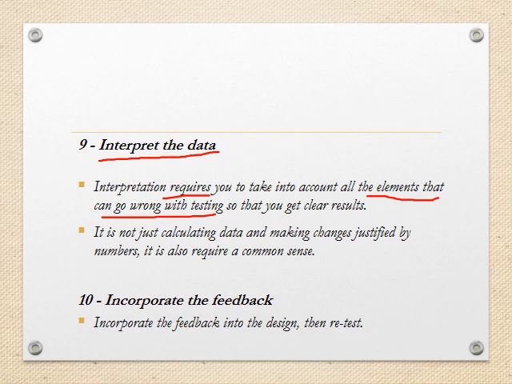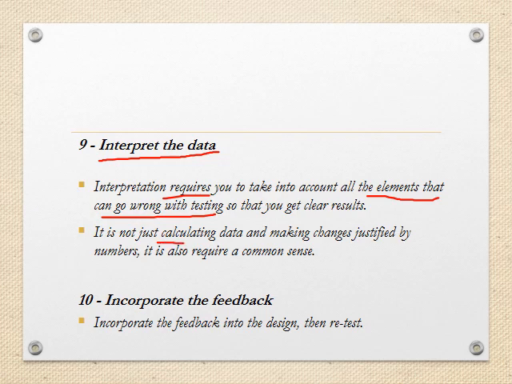Sometimes we have an unsuitable environment that could affect the test result, or the equipment and devices that we are using are not good, so this always affects the test results. So we have to take a lot into account when we try to interpret the data. When we try to reflect the results we get from the test so we can improve our document, we must take into account that some variables might affect the test result.